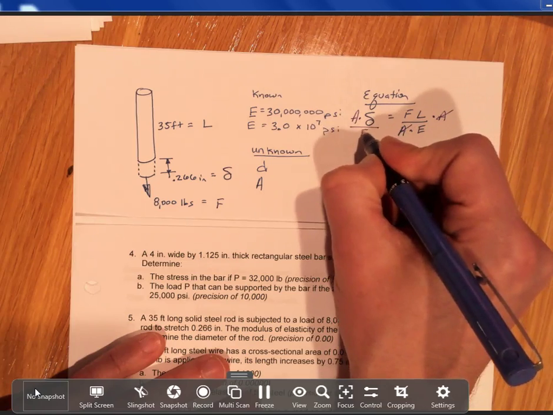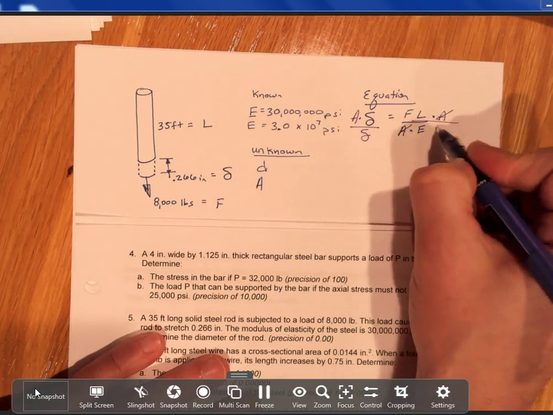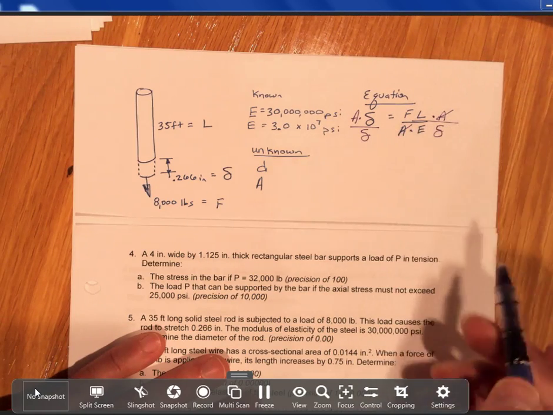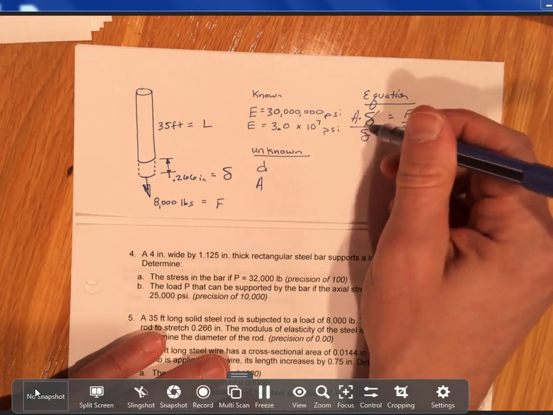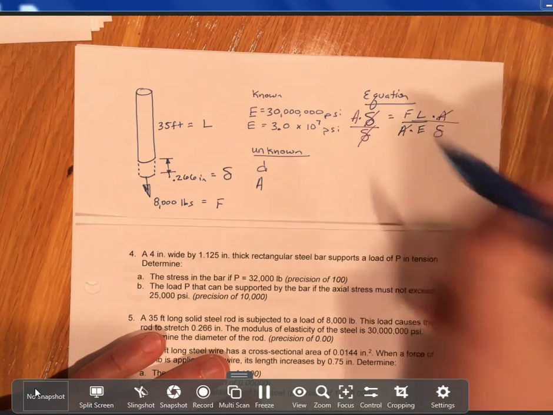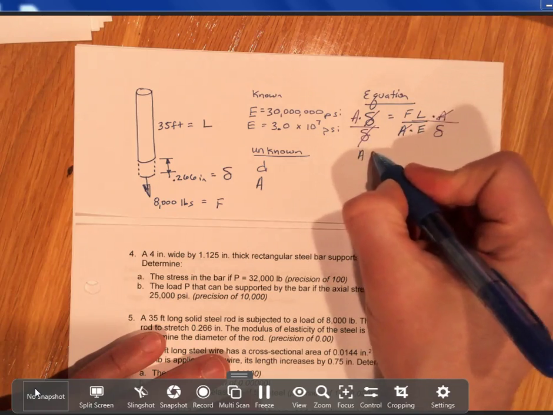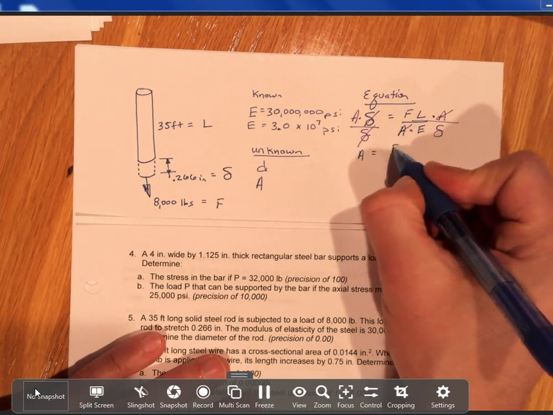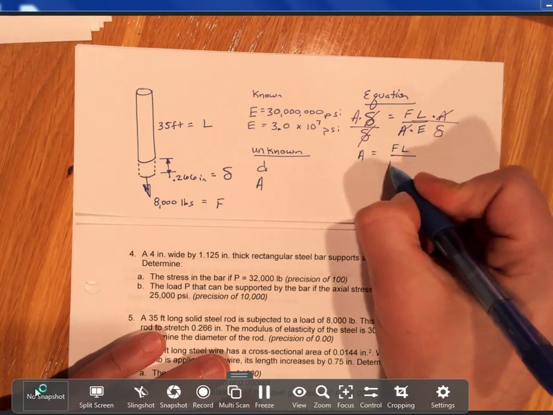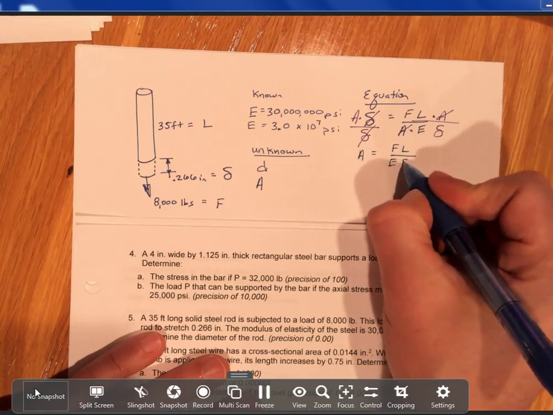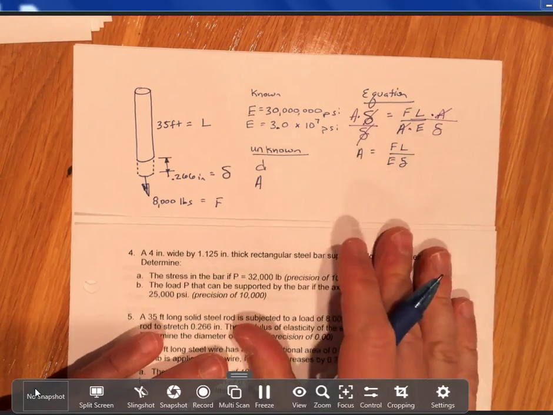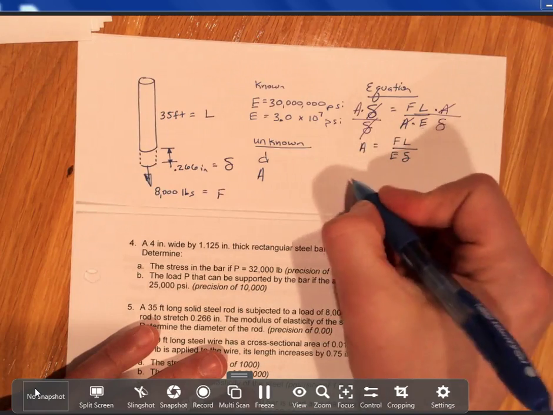So how about we divide both sides by that elongation, that delta. That way that cancels. So I'm going to rewrite my formula as area equals FL over E times elongation. And now that I've got it manipulated, I'll go plug in my numbers.